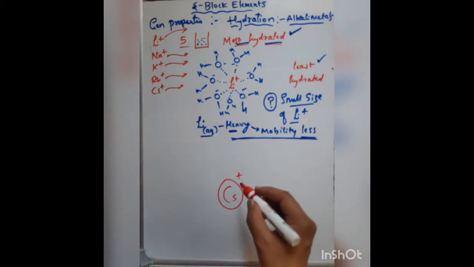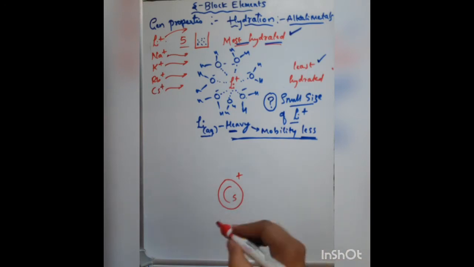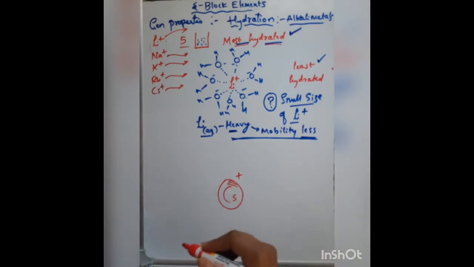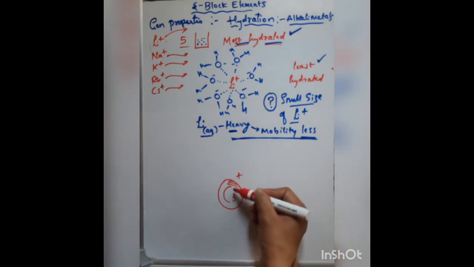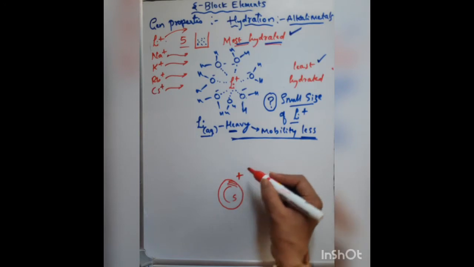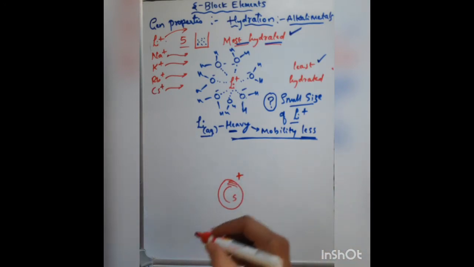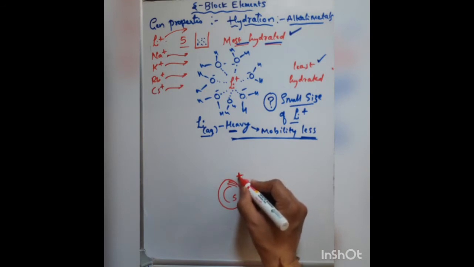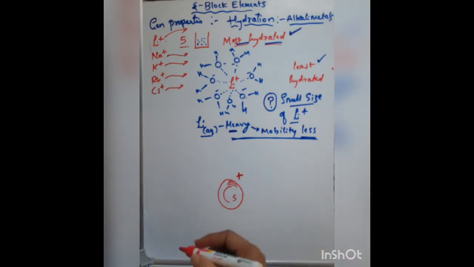So because of its bigger size and because of the screening effect by the inner electron, this magnitude of the plus charge will be less on the cesium. So magnitude of the plus charge is less on the cesium.